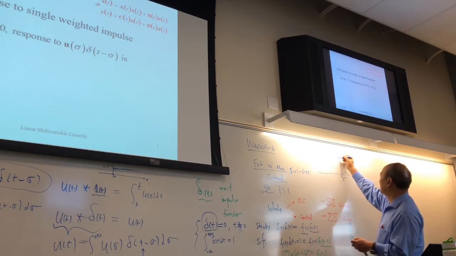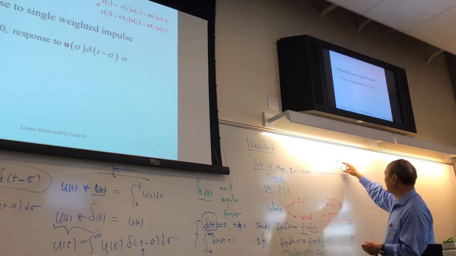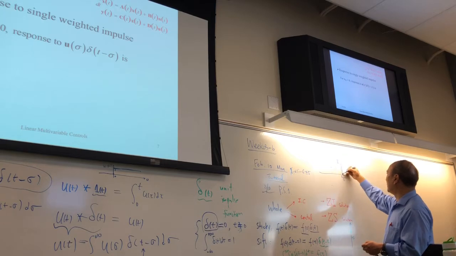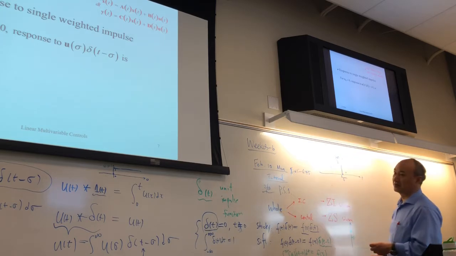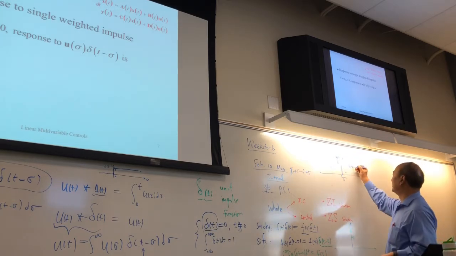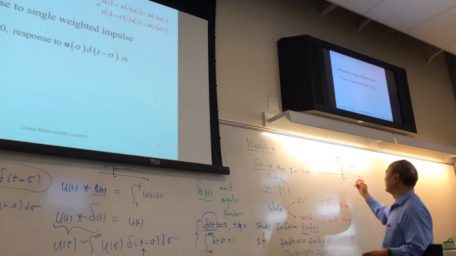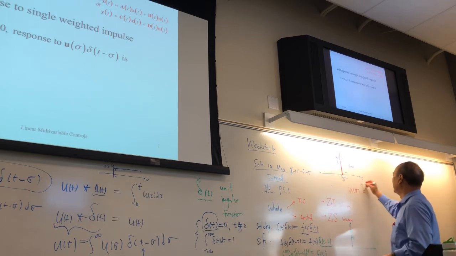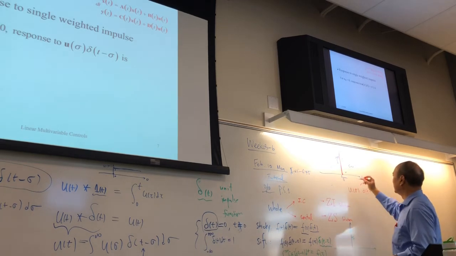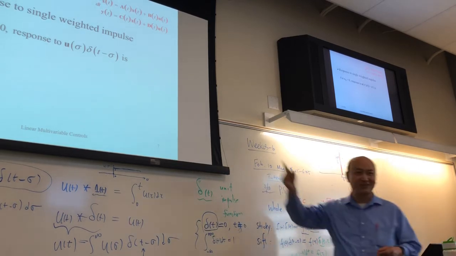If it's unitary, then it's 1 over epsilon, so the area is 1. But here it is u(sigma) divided by epsilon. Then you send epsilon to 0, and what you get is something called an impulse. So this guy is u(sigma) delta(t minus sigma). This is the picture. I hope you see that picture.